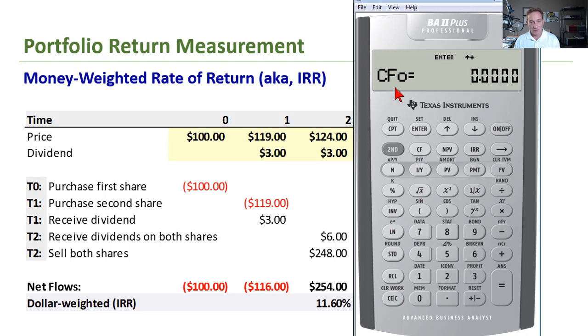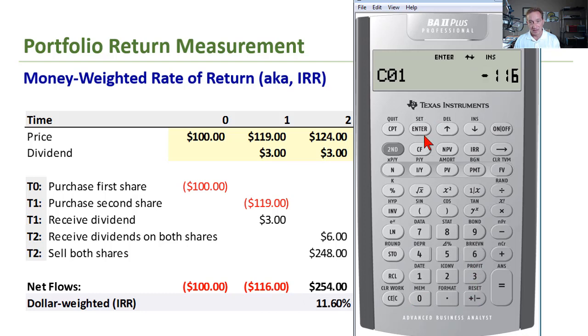Then I want my inputs for my CF0, that is today, or the first cash outflow, and I'm going to negate it with my negative sign here to make sure I indicate directionally that I got it correct. I hit enter. I like to look for a little triangle that confirms that I've entered into the cash flow worksheet, and then I can move to the next point in time, and that's a negative 116.